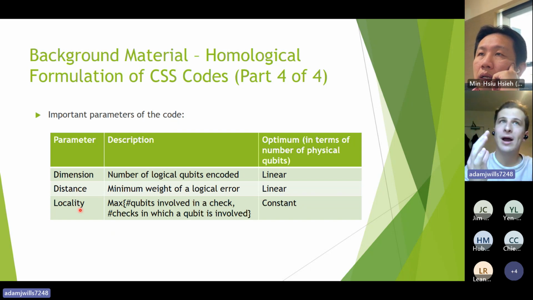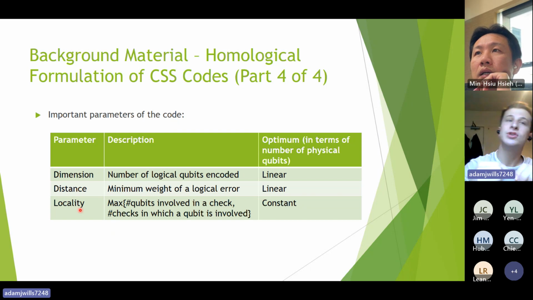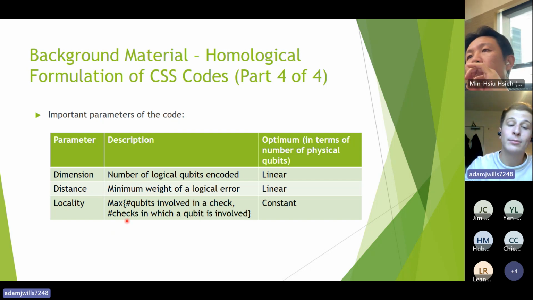And similarly, if you have a qubit that is acted on by a large number of stabilizer checks, then if that qubit is errorful, it's going to spread errors to a large number of other qubits. So the idea in calculating locality is to look at every check and look at the maximum number of qubits involved in some check, and then look at every qubit and take the maximum number of checks that act on a qubit, and then take the maximum of those two.